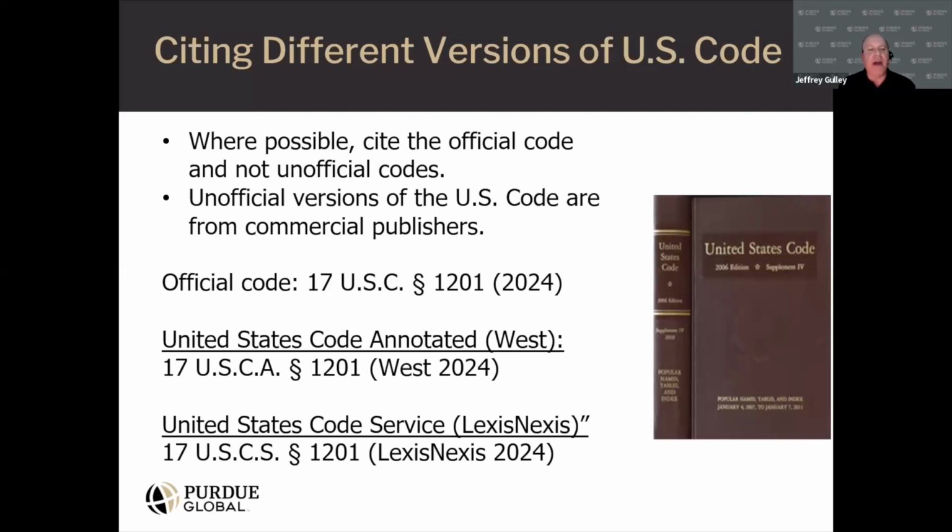But they call it the United States Code Service. So if you see something cited as USCS, with the S there, you know that's going to be the Lexis version of the US Code. And you see in the parentheses, we refer to the publisher as well, LexisNexis, and then the year of the code.